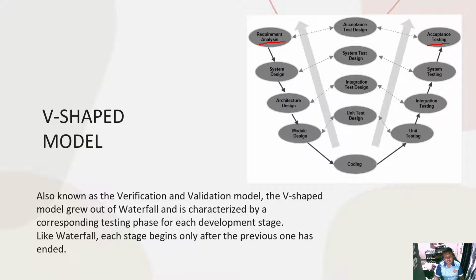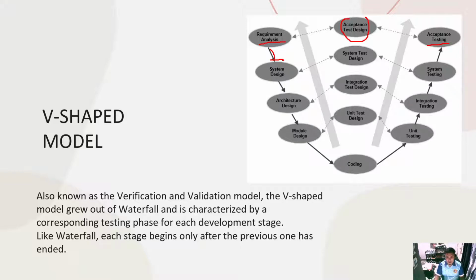Once there is a requirements analysis from the stakeholders, the people who are going to use the system, you go with acceptance testing, where you have a test design for acceptance. Once this stage is done, you can now move into the second one, which is system design.